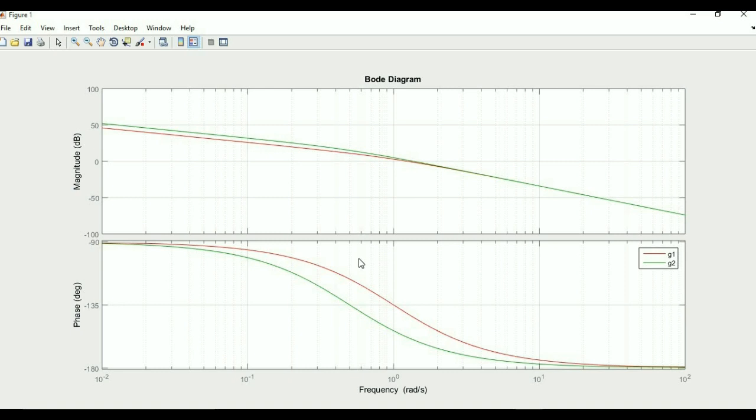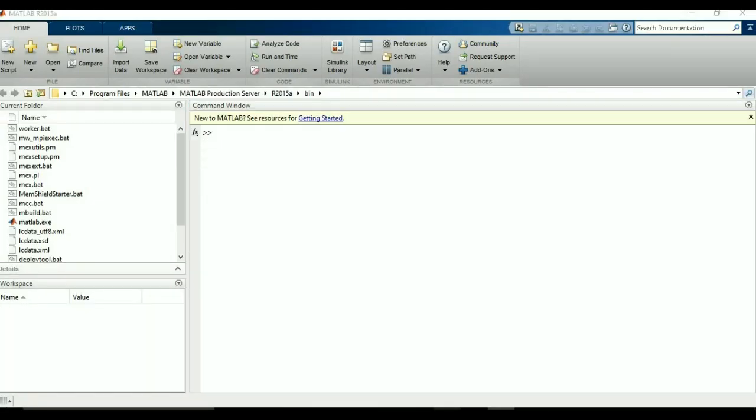Here the zeta value is 1 for the red diagram, and so its phase margin is more positive than the green diagram's phase margin. In this way you can compare two Bode plots simultaneously.